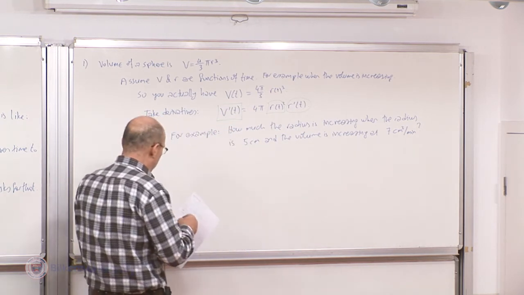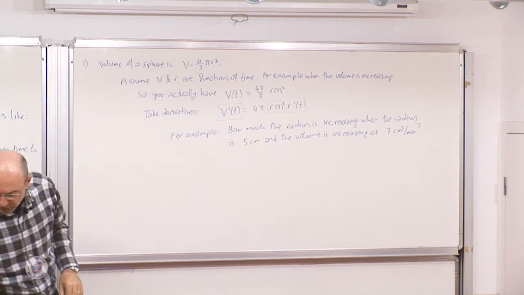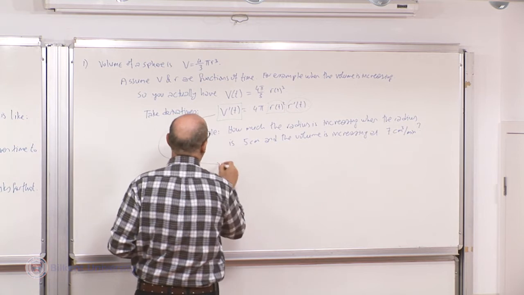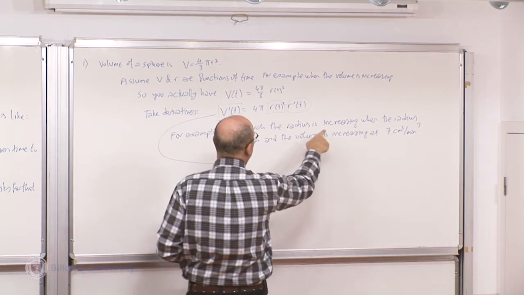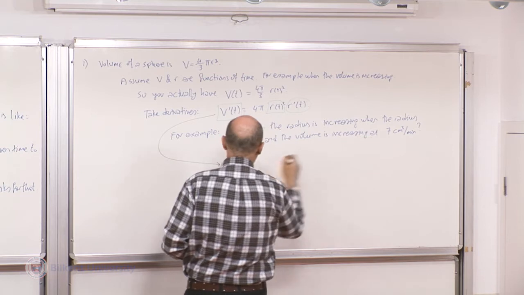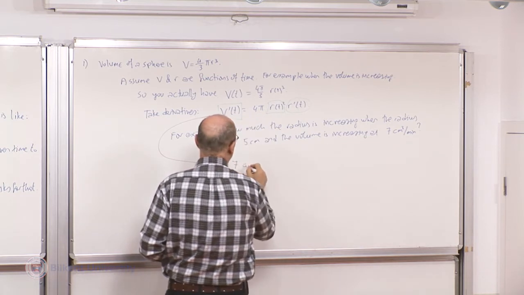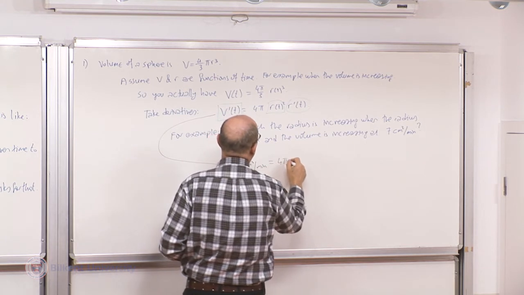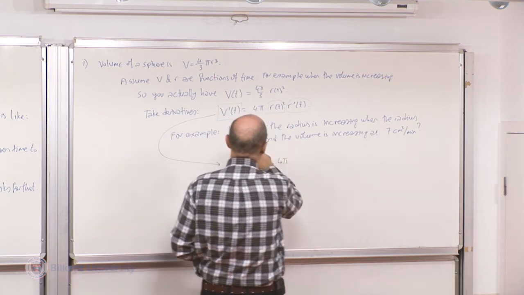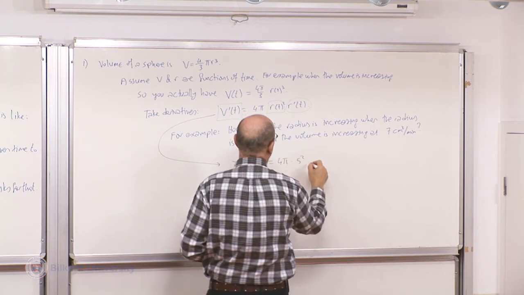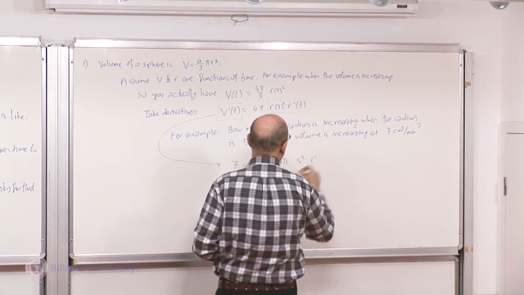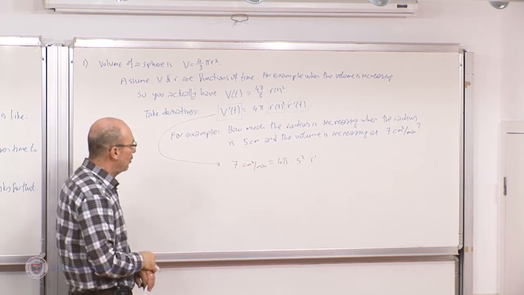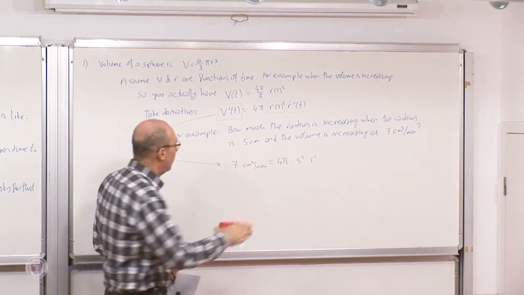So when we take this, we write this here now. So V prime, how much the radius is increasing? Volume is increasing at 7 centimeter cube per minute. This is equal to 4 pi. Radius is 5, so this is 5 squared times R prime. Okay, let's leave it as R prime.